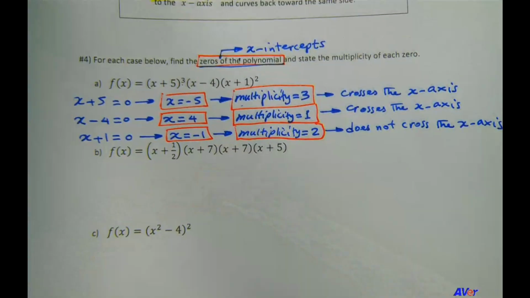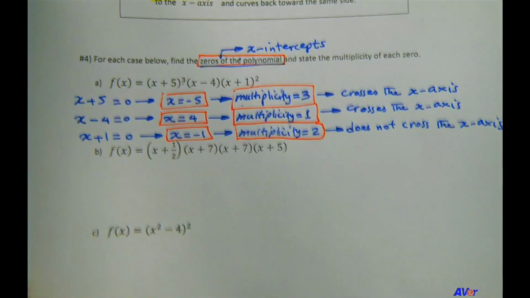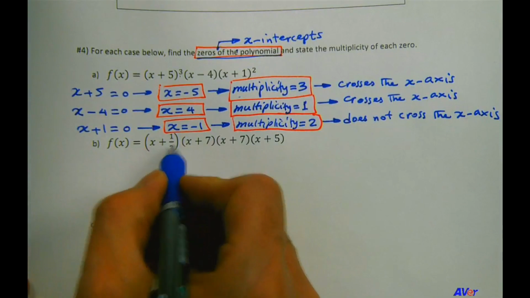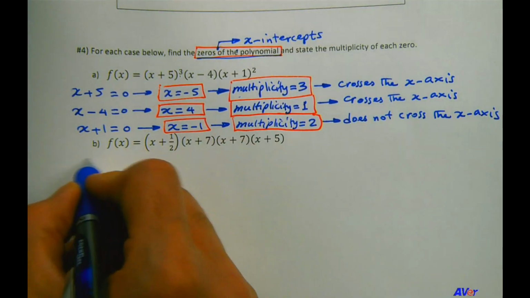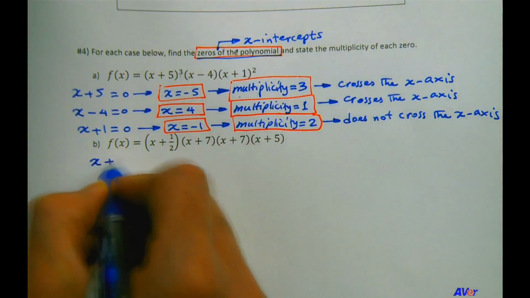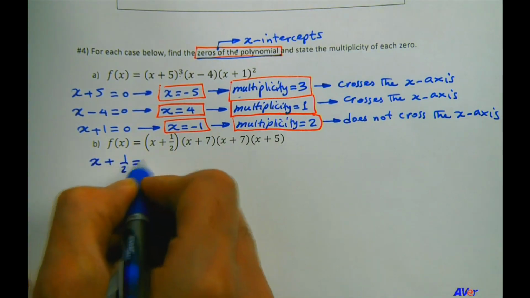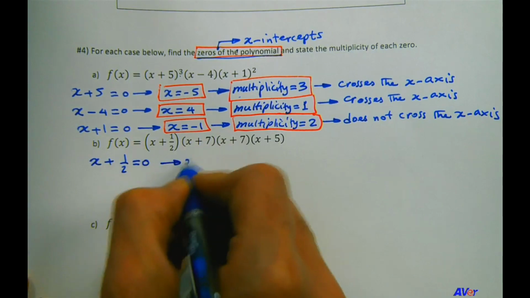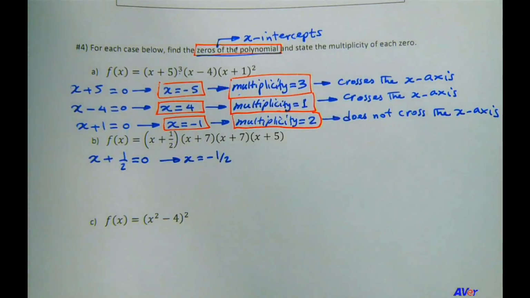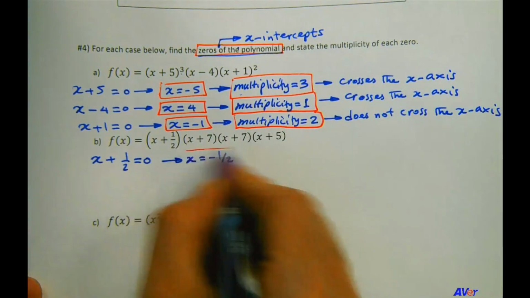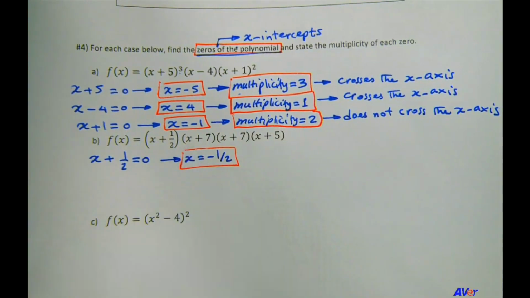Okay, this one, part B. We'll do the same thing again. Set each factor to 0 and find the zero of the polynomial. So x plus 1/2 equals 0. Then x equals minus 1/2. So this is the zero of the polynomial.